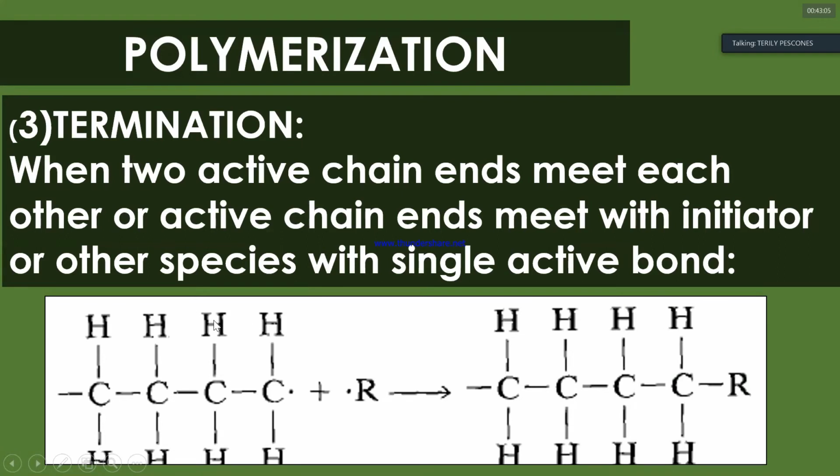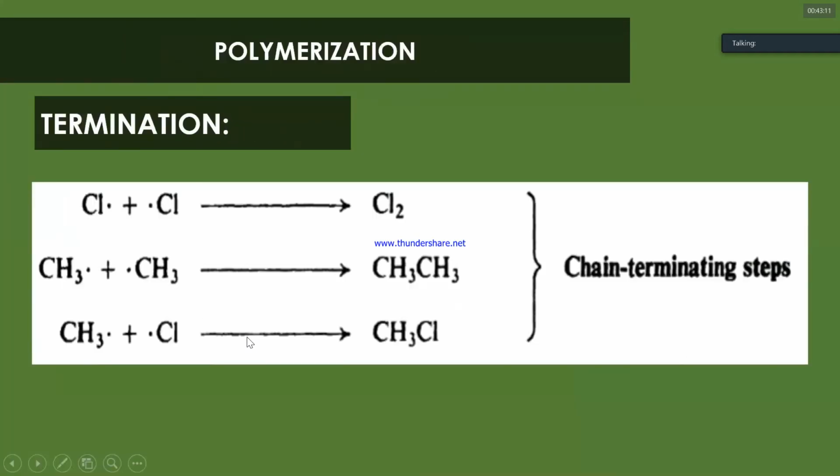So, that is what we call the termination process. Termination, chain terminating steps. So, pag nag-join yung dalawang may odd electron, then that will terminate or stop the polymerization process.